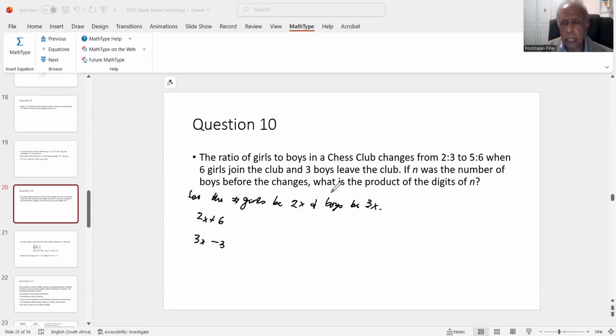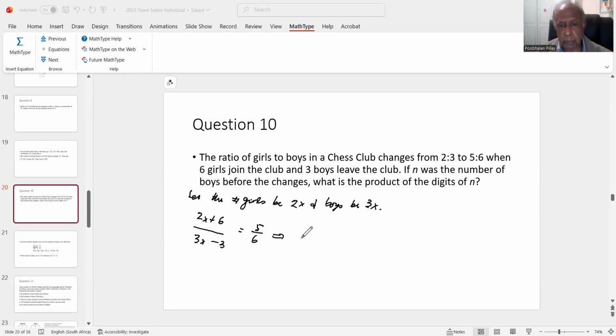Right? And now this new ratio becomes 5/6. Okay, so when this happens, the ratio becomes 5/6. We have one unknown and we can solve.